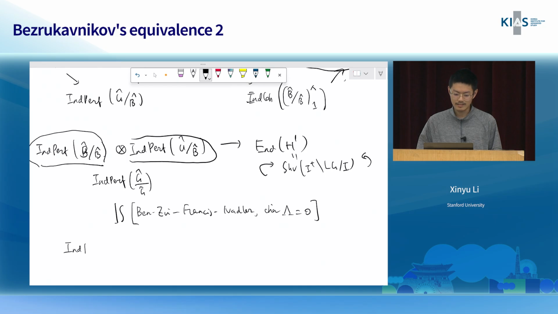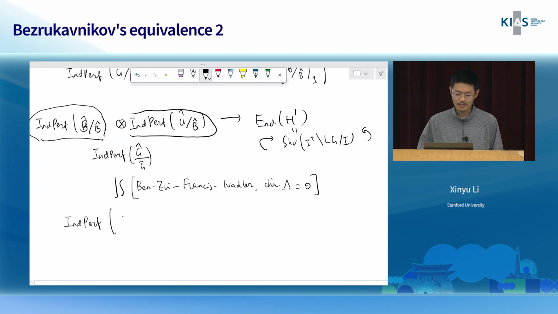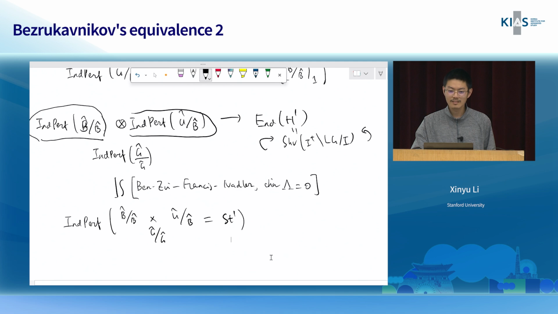In this situation, we have a relative tensor product, a relative Koszulness formula. And this is exactly the stack ST prime that I was studying.